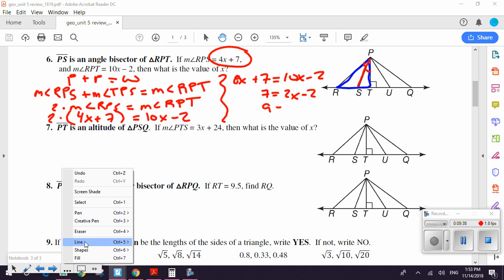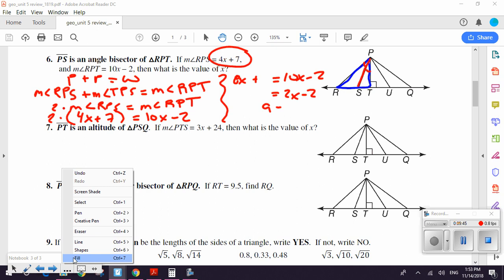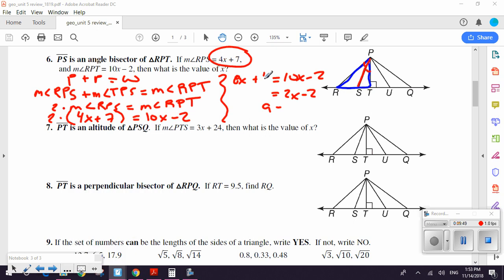I forgot to distribute 2 times 7. So that should be 14. Okay. So 14 plus 2 is 16. So that's a 16 equals 2x. Now divide both sides by 2, you would get 8 equals x.